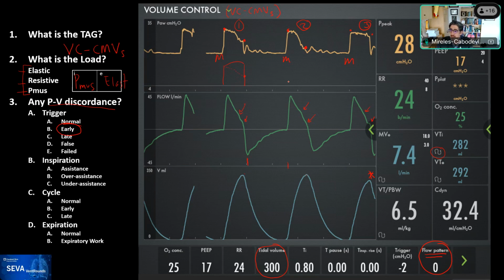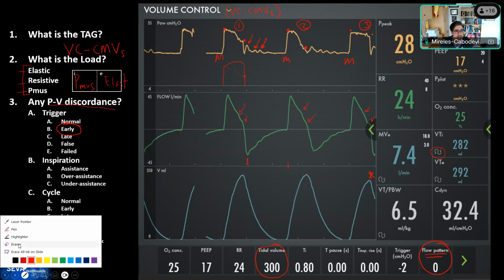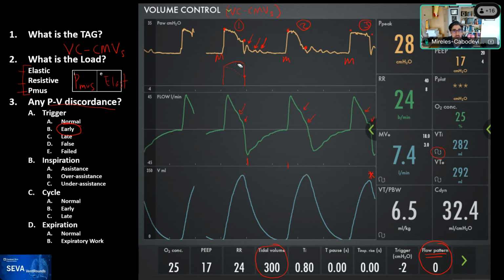Yeah, thank you. Bumpy expiratory phase. So I want you to pay attention to the expiratory phase, and you're going to see this. I'm putting arrows right now. Actually, let me erase so that everybody can see it because this is getting crowded. Okay, so let's erase. There you go.